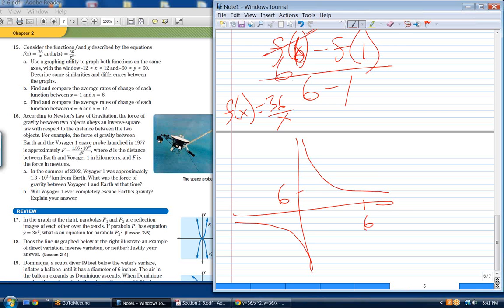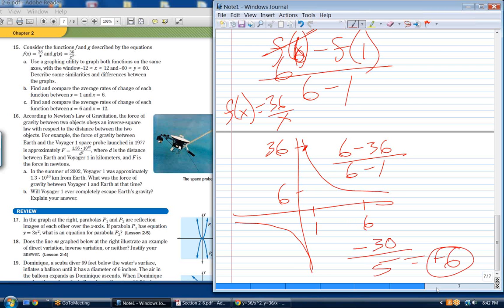So that's 6. What is f of 1? It'd be 36. It's that point right there, which is 36. So I want the difference in the y value, which is 6 minus 36, divided by the difference in the x value, 6 minus 1. So I have minus 30 over 5 as the average rate of change.